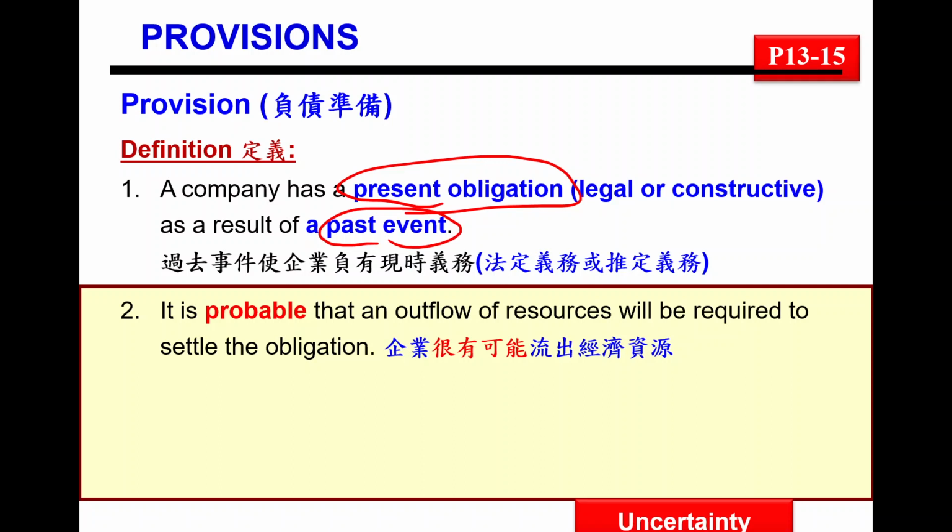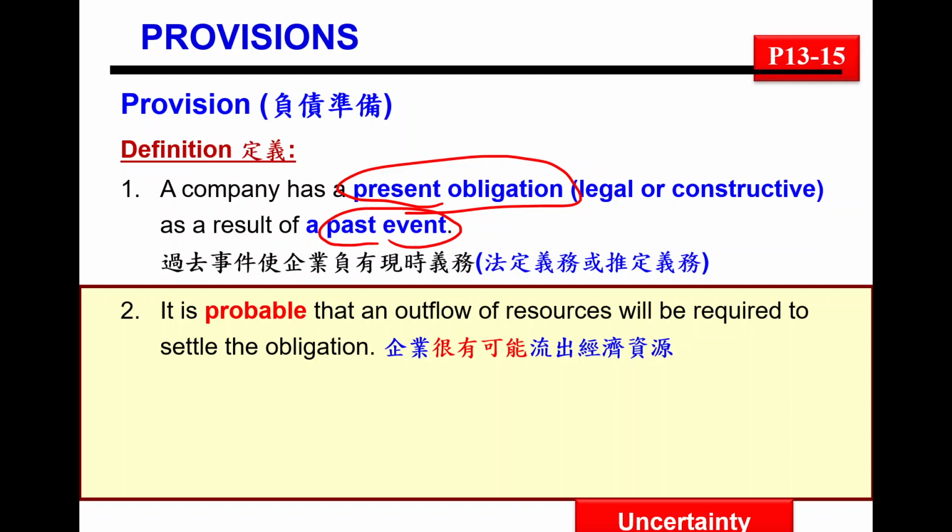Even though we are not sure whether you will have to pay the debt in the future, accounting wants to provide useful information to investors. So even though we are not sure, we still want to make the information useful.